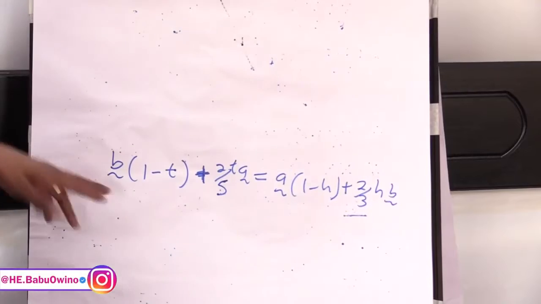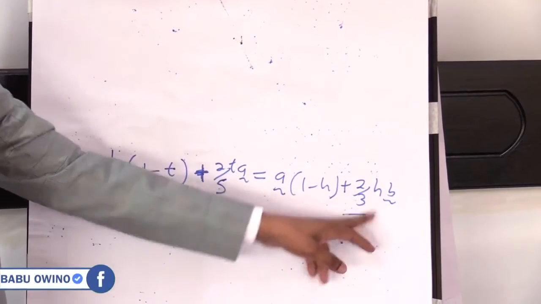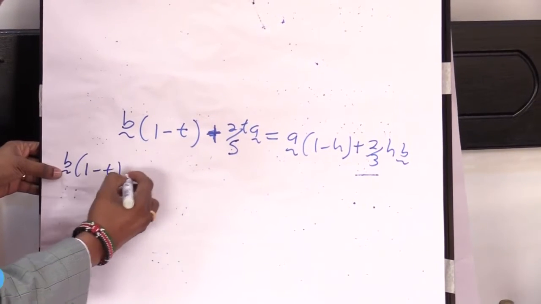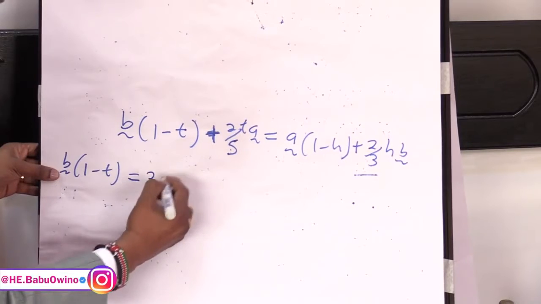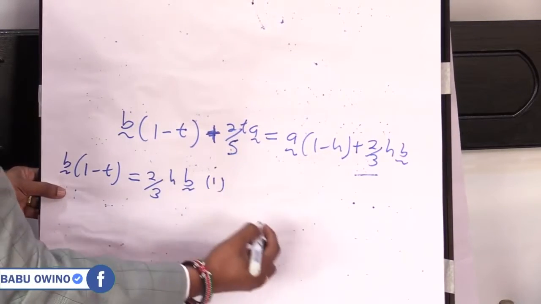Therefore, the value of B on this side equals the value of B on the other side. So you say B into 1 minus T equals the value of B here, which is 2 over 3 H of B. This is one equation.